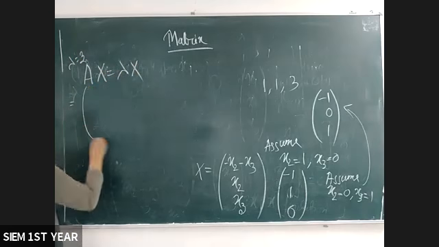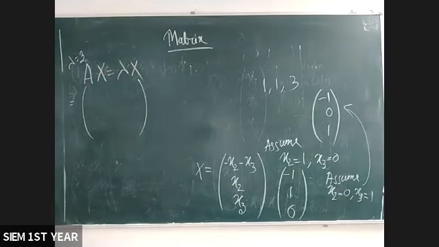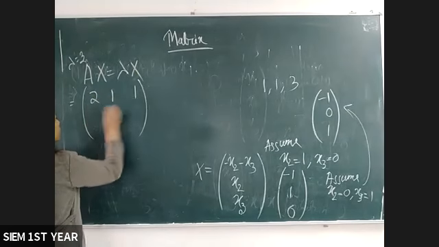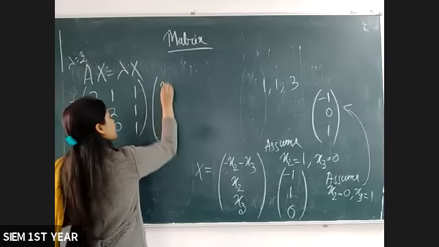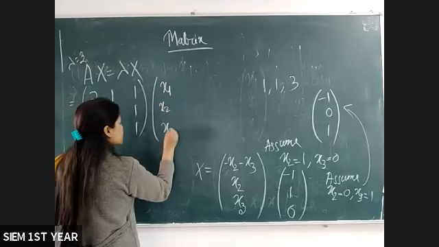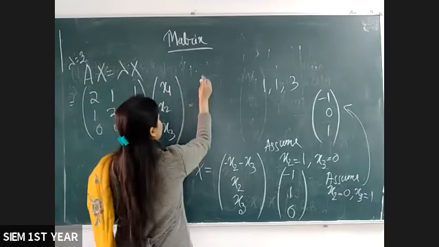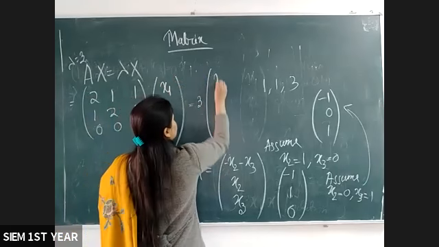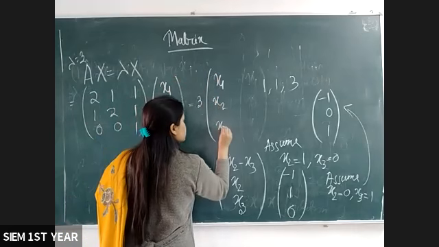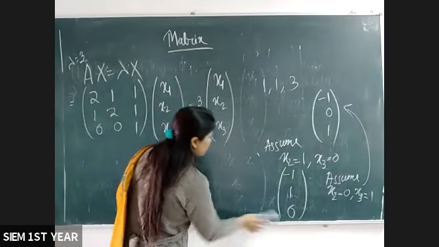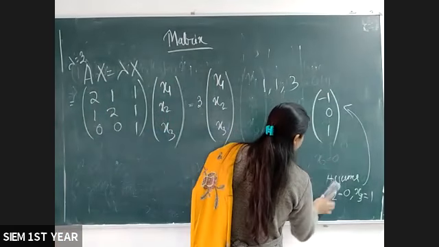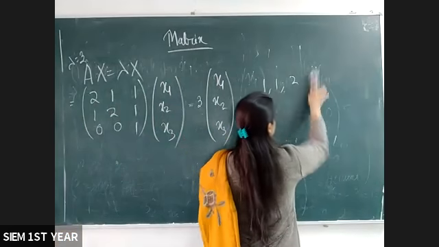So again, you have to write the same equation, same matrix given in your question, that is 2 1 1, 1 2 1, 1 1 2, times X, which means again the same x1, x2, x3, equals lambda, where we consider 3, times again x1, x2, x3. If all the values are different, the same process we have to do 3 times.